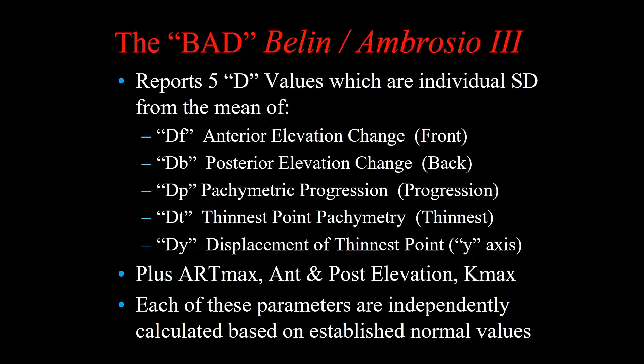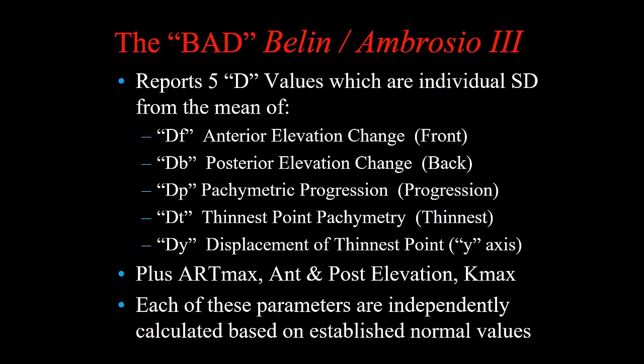That is actually the derivation of the left part of the Belin-Ambrosio display. The right part works with pachymetric data. The left part works with anterior and posterior elevation data. And as many of you who are familiar with the Belin-Ambrosio display know, we now report 9 different parameters in the regression analysis.